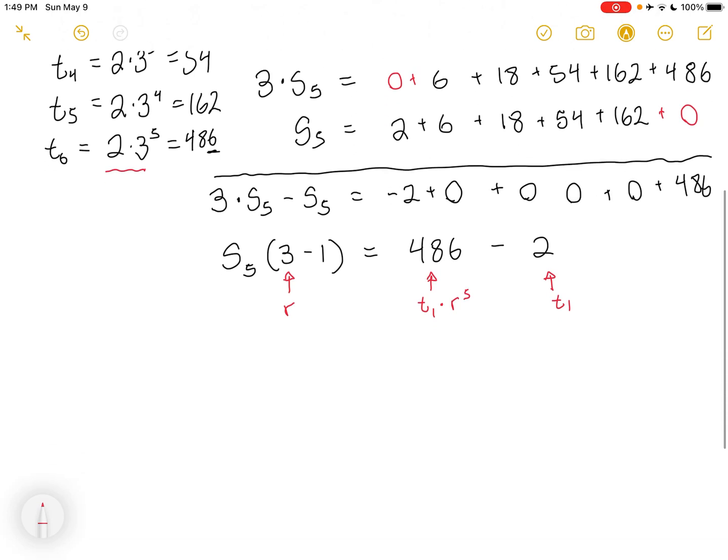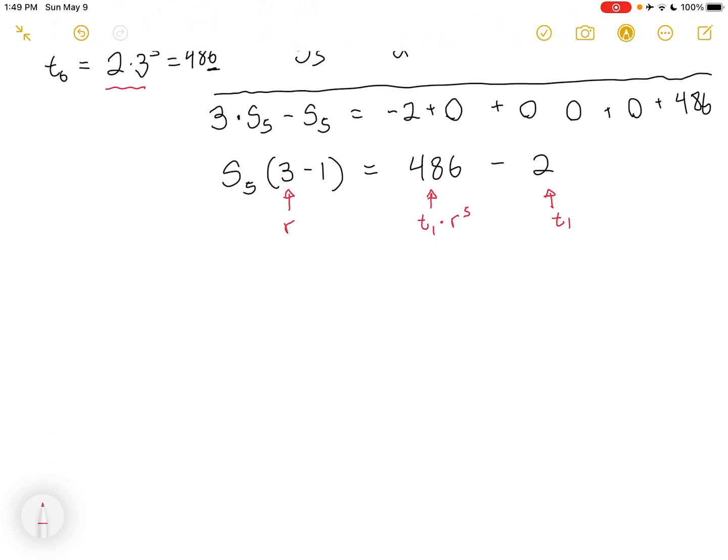Okay? So now I'm going to rewrite this whole thing out using these general values from the sequence instead of the actual numbers, because what I'm trying to do here is work to a general formula that will work for every sum, not just for this specific sequence. Okay, so here's what I have.